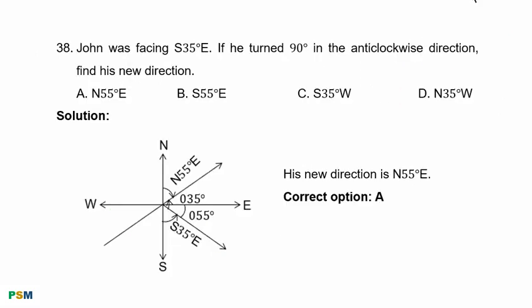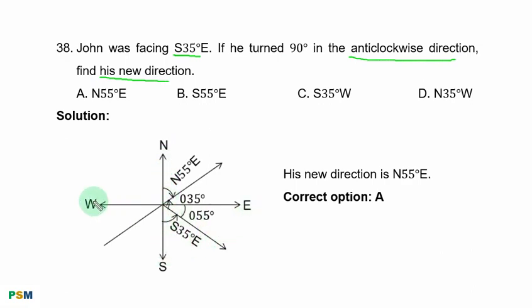Question 38. John was facing south 35 degrees east. If he turned 90 degrees in the anti-clockwise direction, find his new direction. Solution: you simply draw the 4 cardinal directions: north, south, east, west.